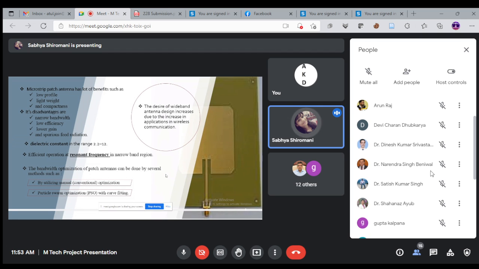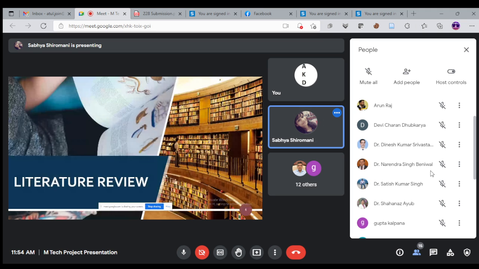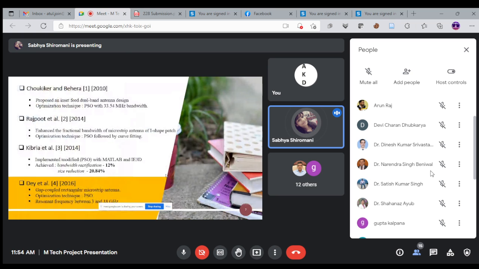For that, we will be performing some kind of optimization to get better results. Those are the manual as well as the particle swarm optimization. For designing and to carry out my research, I have done various literature reviews, including Chalker and Behra, who have proposed the inset feed dual band antenna utilizing the same optimization technique, that is particle swarm optimization, with a 33.54 MHz bandwidth.